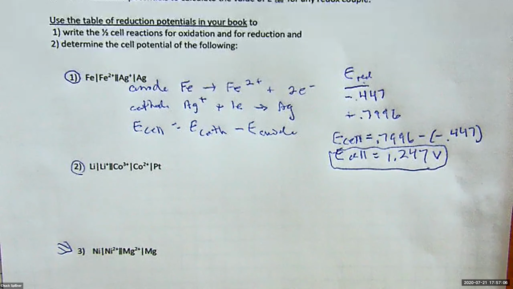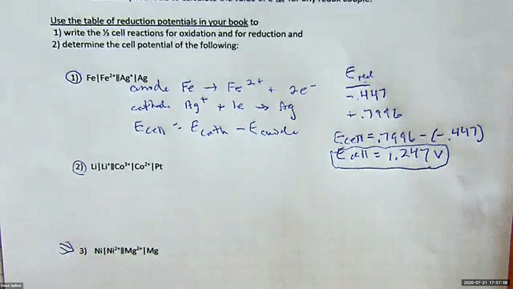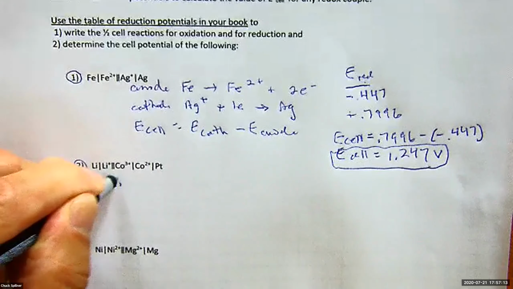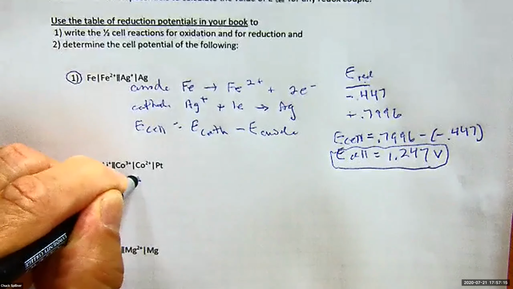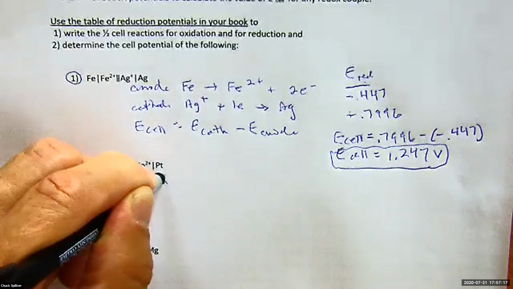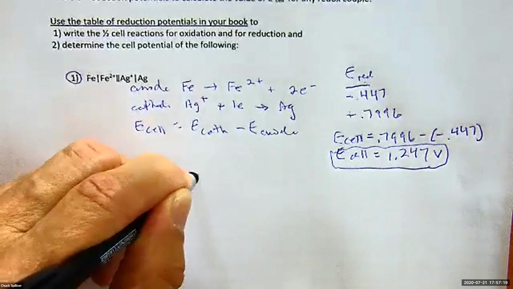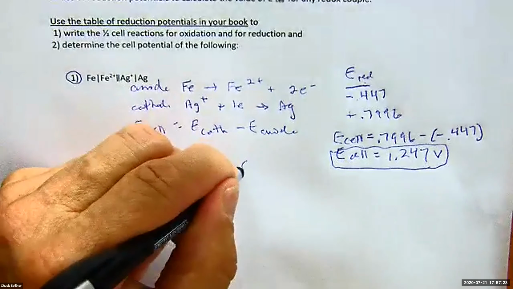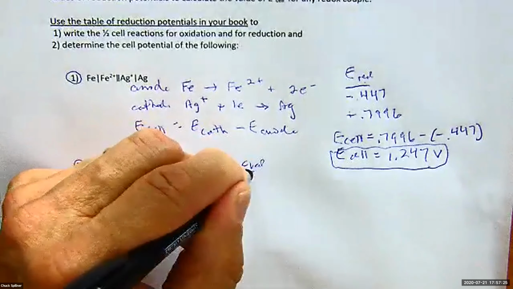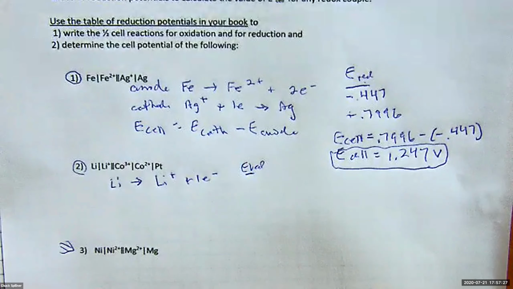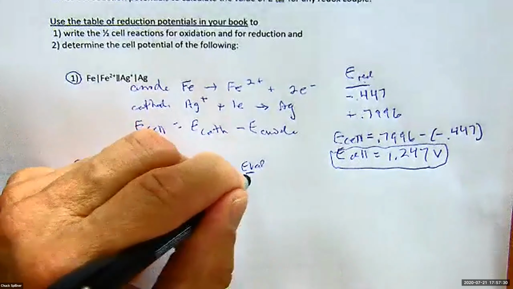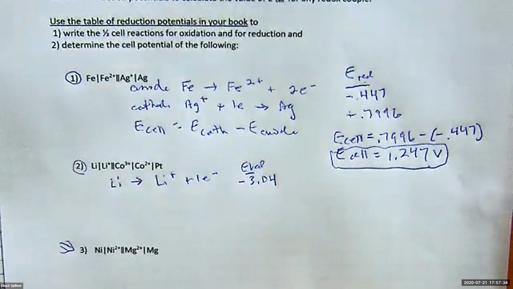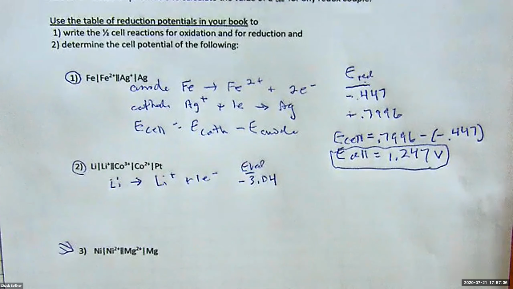I do find lithium though. The lithium is minus 3.04. So our reaction is lithium going to lithium plus 1 electron. That's our half reaction. The reduction potential for lithium is minus 3.04. That's pretty weak.